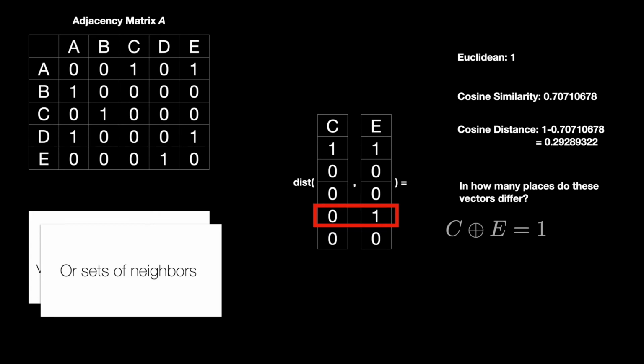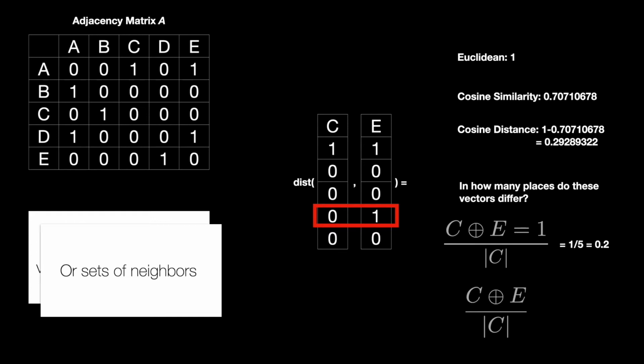So in that way, you only have to flip one bit for C to become equal to E, or for these two vectors to be equal. Now, how many different times could they have been different? That's the length of this vector. And now we have a new distance metric. So the distance between these two columns is 0.2, or 1/5, based on how many bits you have to flip in order to make these two vectors the same.